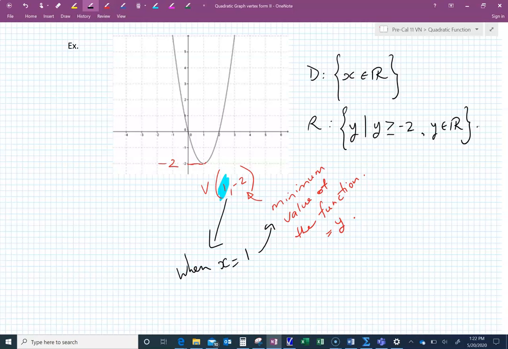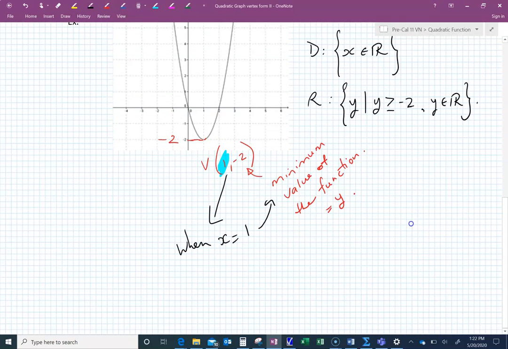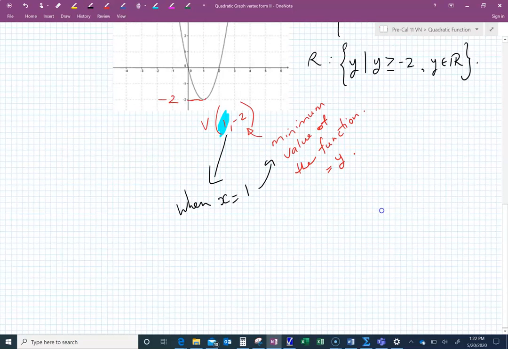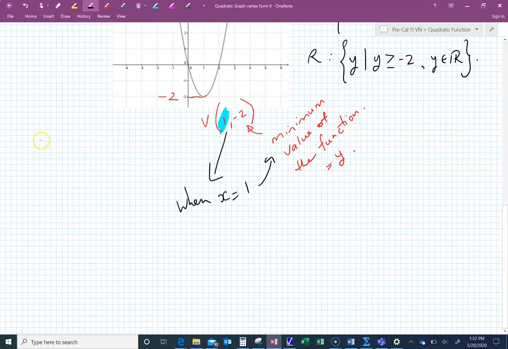All right, and from this point on, if we want to come up with the equation of this graph, we can use y equals a times (x minus p) all squared plus q. In this case, we can easily come up with the equation. What is the vertex?